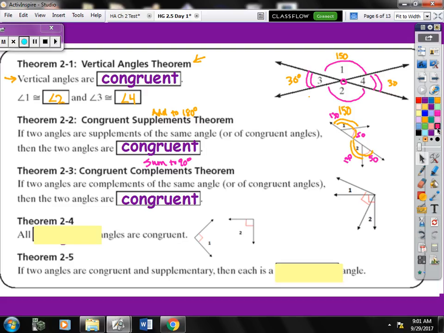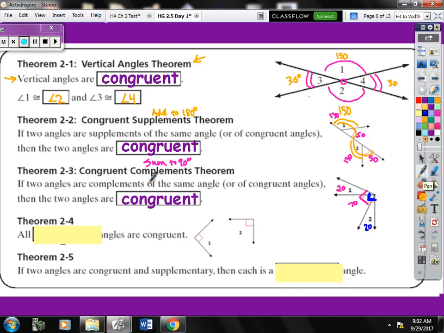So let's suppose angle 1 is 20 degrees, which would make this angle in the middle 70 degrees, because we see a right angle symbol here, so 20 plus 70 gets me 90. And then if this one is 70, see how there's a right angle among these two angles, that means that this one would have to be 20. So because these two angles are complements of the same angle, then the two angles themselves are congruent.